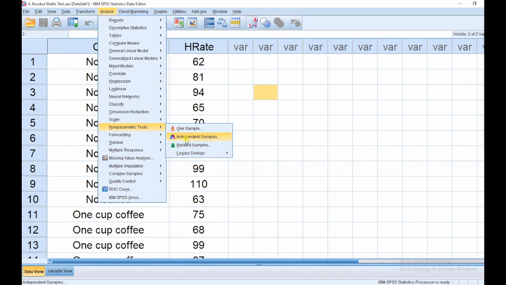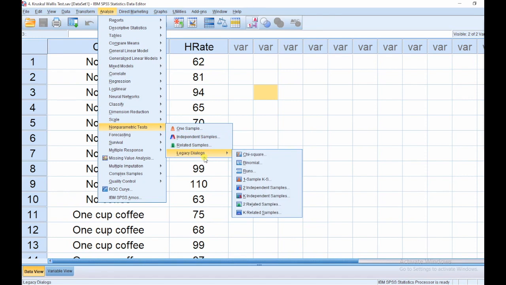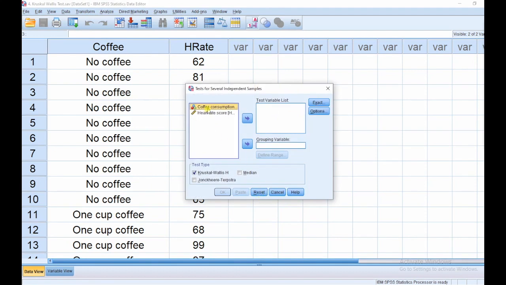If I apply independent samples this way, then I do not need to find the post hoc analysis separately; it will give the post hoc analysis by default. Now I am applying analyze, nonparametric tests, legacy dialogs, and K independent samples, because here there are 4 independent samples.